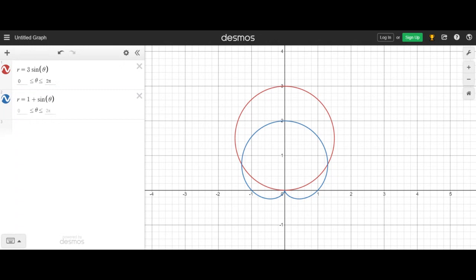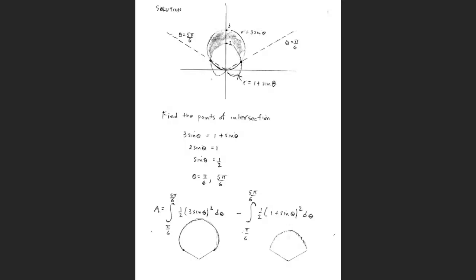So, okay, no problem. There's a picture. Let me give you a moment to copy that picture down. Let me know if you have any questions.